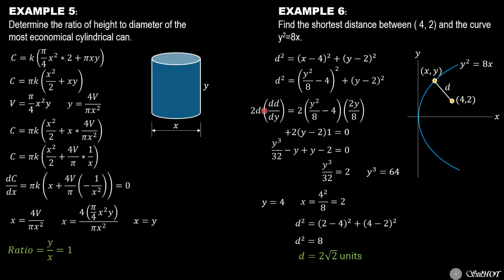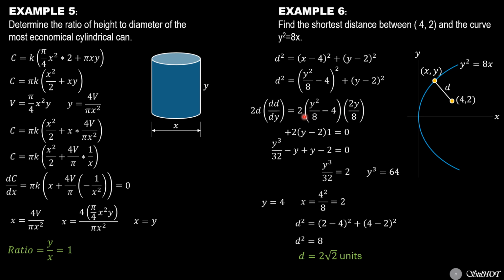Derivative of d squared is 2d, derivative of d with respect to y equals, this is power formula, 2 times quantity y squared over 8 minus 4 raised to 1, then the derivative of y squared over 8 is 2y over 8. Then plus 2 quantity y minus 2 raised to 1, derivative of y minus 2 is just 1. Then equate to 0, then we cancel 2 for each term.